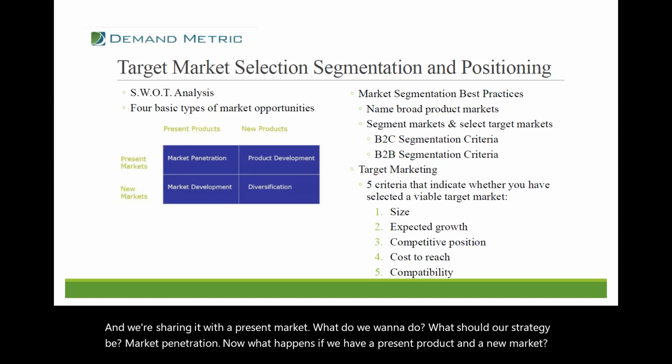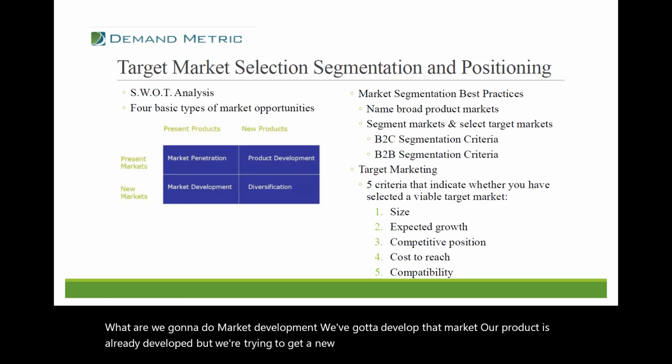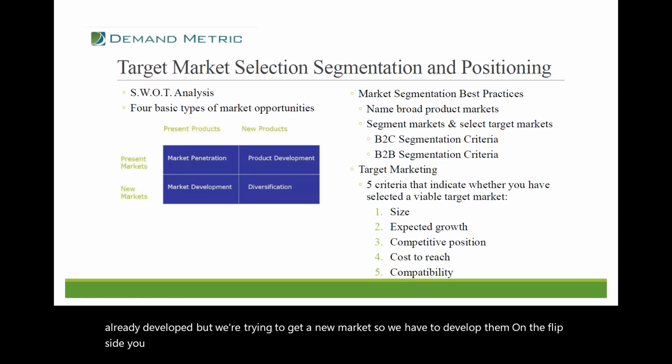Now, what happens if we have a present product and a new market? What are we going to do? Market development. We've got to develop that market. Our product is already developed, but we're trying to get a new market, so we have to develop them. On the flip side, you have new products and present markets. What do we develop? We need to develop the product.